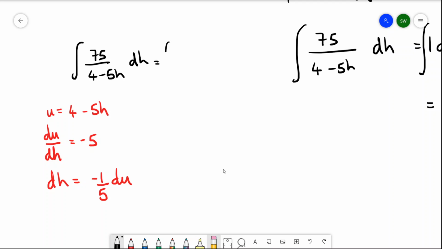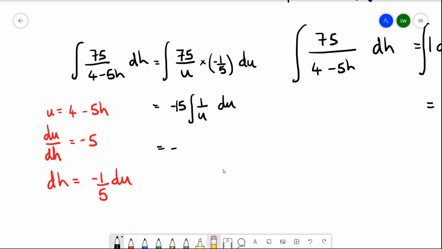So this integral can be written as the integral of 75 over u times minus 1 over 5 du. And then 75 divided by minus 5 is minus 15. And then we've got the integral of 1 over u du, which is just log u. So we're going to have minus 15 log u, but u was 4 minus 5h. We've got minus 15 log of 4 minus 5h.